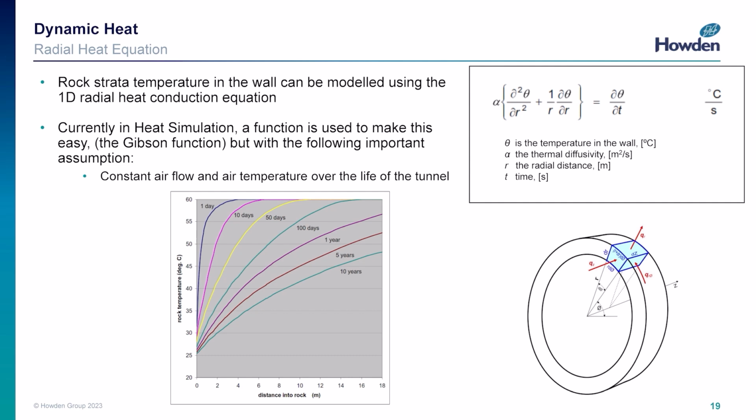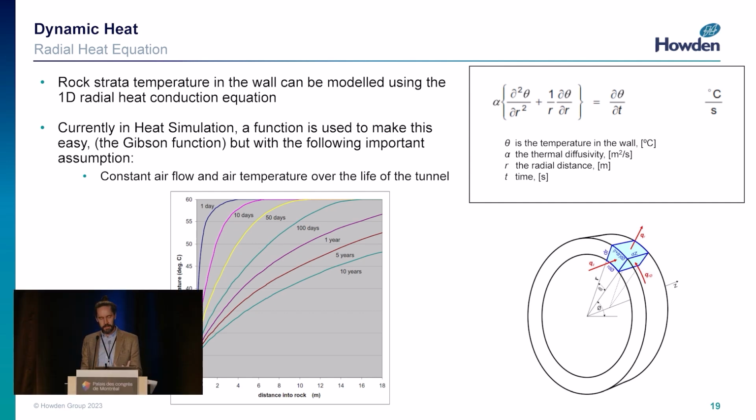But there's a big assumption to it, which is that it assumes that you have a constant airflow and air temperature over the life of the tunnel. So that case there with 10 years, that's what you get if you kept the airflow and the temperature the same for 10 years, or at least the average value the same over 10 years, which would be quite a feat if you did actually maintain that over 10 years.